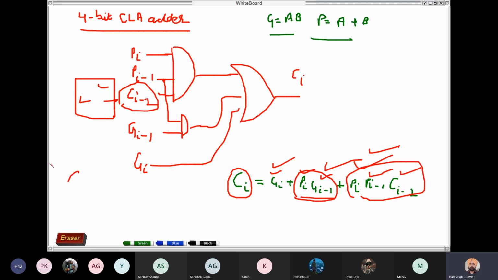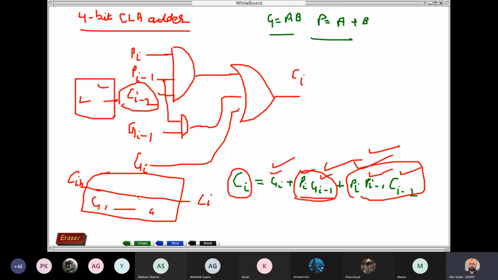So we start from Cn and reach up to Ci. In between we use various gates to generate the carry from G1, G2, G3 up to Gi and P1, P2, P3 up to Pi. Means from the data that is given, we generate the carry there. The remaining pending part we will discuss tomorrow.